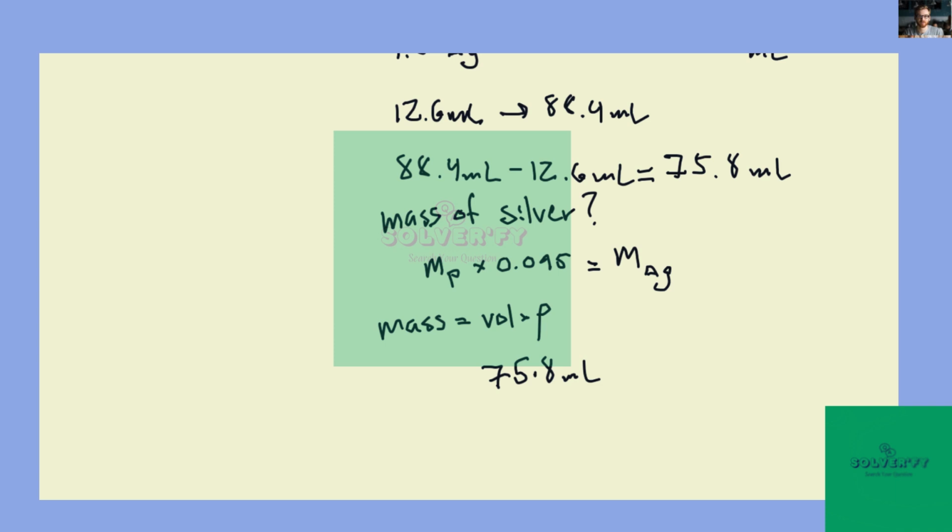And the density of our pendant is 8.7 grams per, remember it's cubic centimeters, the same as milliliters, which means that the mass of our pendant, let me put a little p down there so we know we're talking about the pendant, our mass P is equal to 75.8 times 8.7, or 659.46 grams.